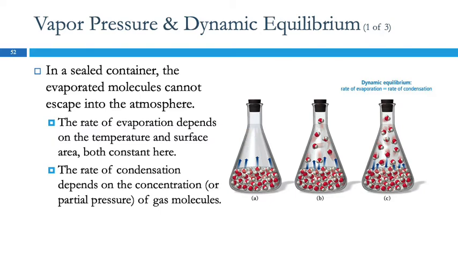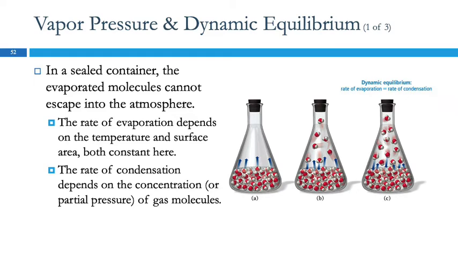But as some of these evaporate, now we start getting water molecules in the gas state, and these are zipping around, bouncing into things like gas molecules do, and they're going to occasionally hit the water and get trapped, right? The rate of condensation is going to depend on the concentration of particles here, or the partial pressure of the gas. You get more particles there, condensation is faster. Does that make sense?